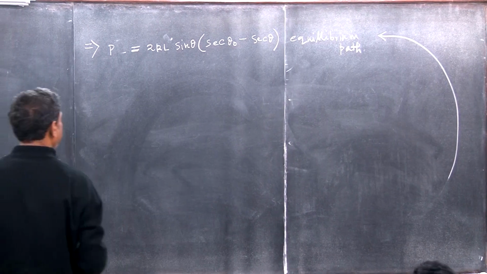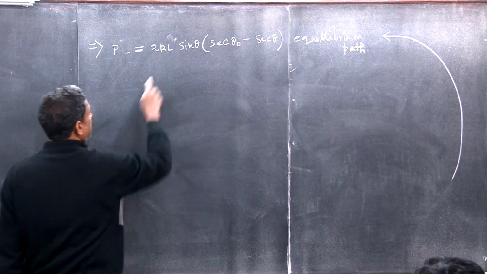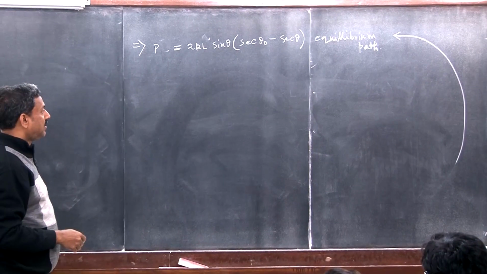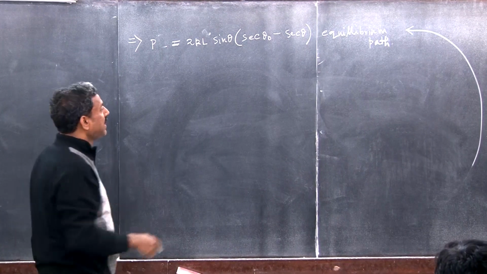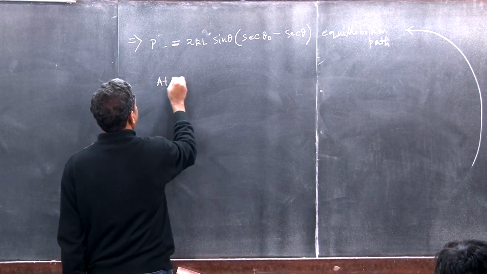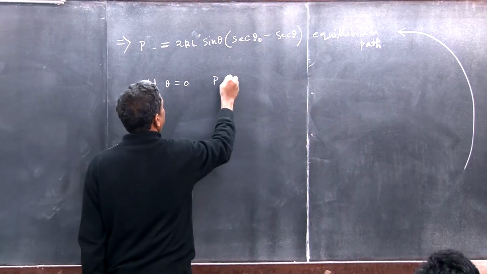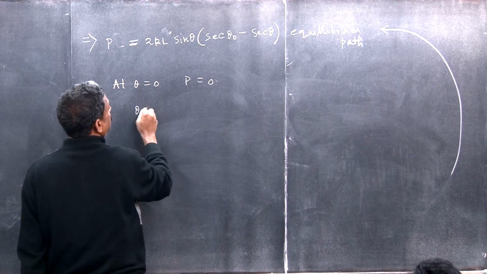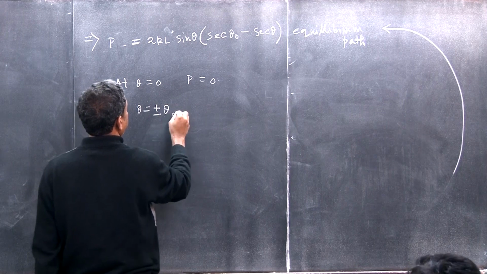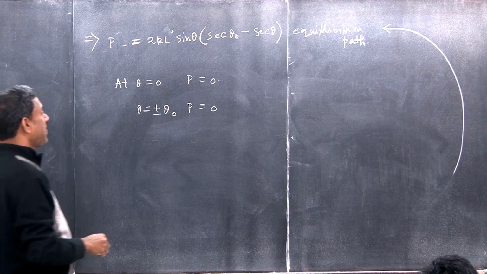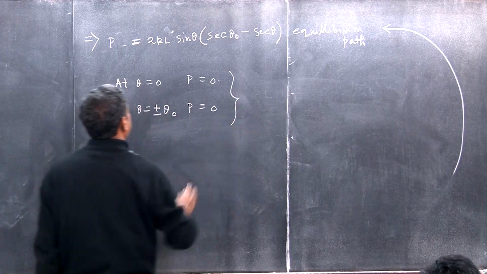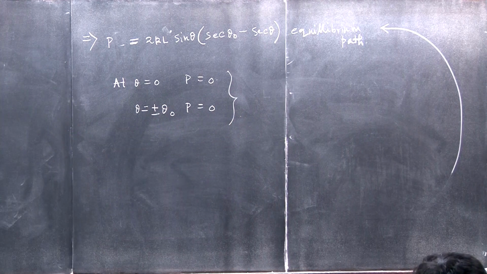So, you can see that at theta is equal to 0, P is equal to 0, and at theta is equal to plus minus theta 0, P is 0, right, fine. But at some P, if you plot it, it will look something like this.